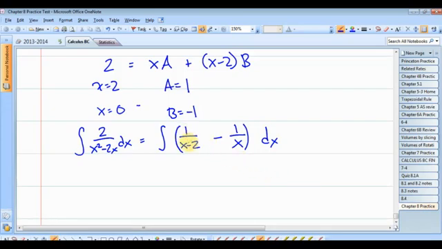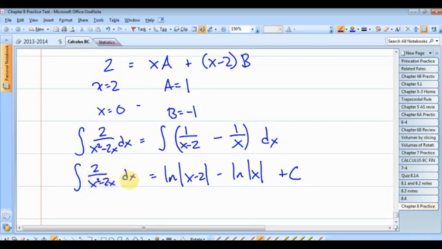U equals x minus 2, du equals dx. So this is 1 over u du. Antiderivative is just the natural log of x minus 2 minus the natural log of the absolute value of x plus constant. There's that.